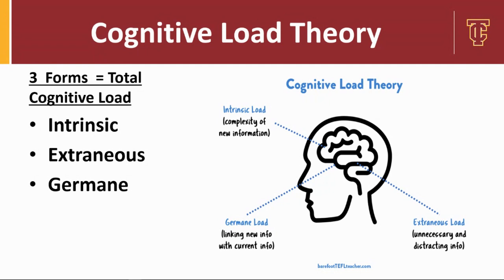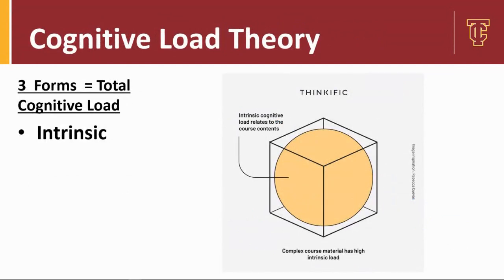So again, this is where it's going to get a little heady, but then we'll get through this. So let's break down these 3 components: intrinsic, extraneous, and germane. So when we think about intrinsic cognitive load, intrinsic is the inherent level of difficulty with your subject matter.